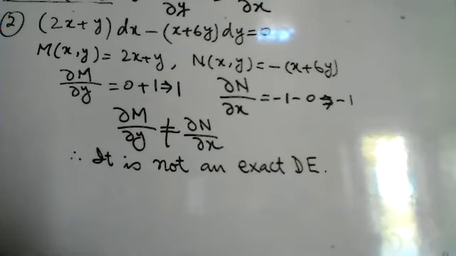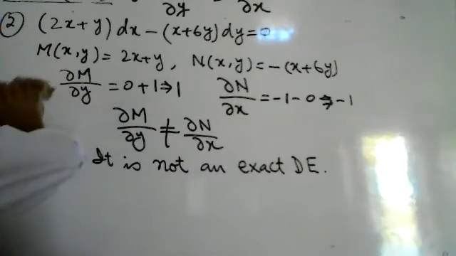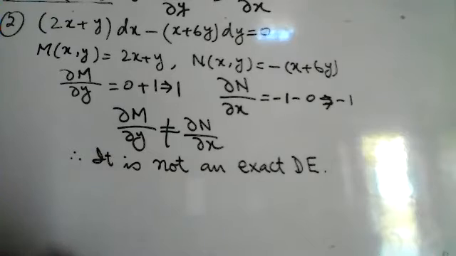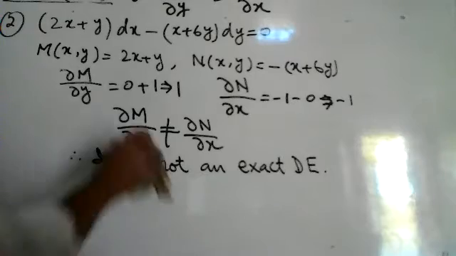Okay, so that is not an exact differential equation, so we are not going to solve it. Here we have to solve only the exact differential equations. Now the next question. They are not equal, therefore this is not an exact differential equation. If it is not exact, that means we are not solving it.